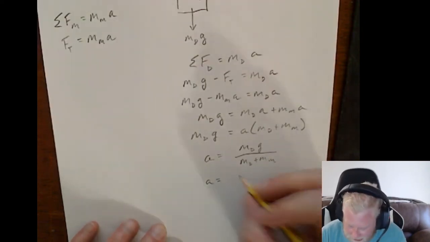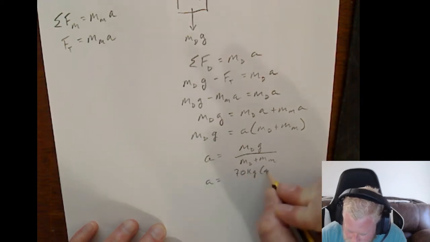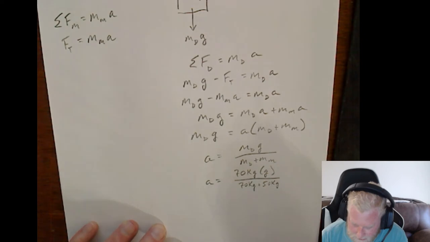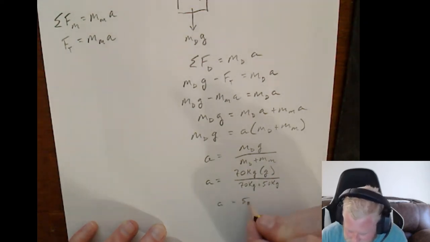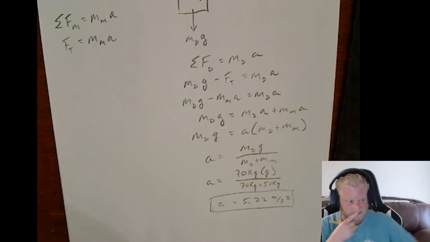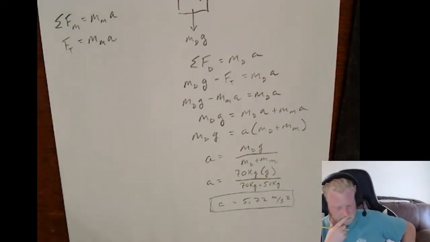Our acceleration is equal to 70 kilograms times 9.8 meters per second squared over 70 kilograms plus 50 kilograms. You do the math, and your acceleration comes out to 5.72 meters per second squared. And again, that is the acceleration for both Dawn and Mary.